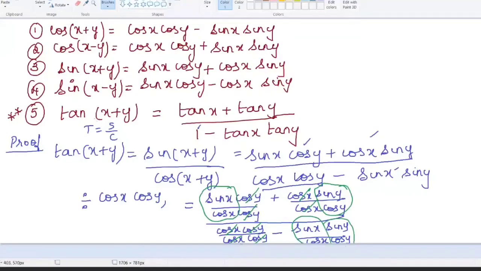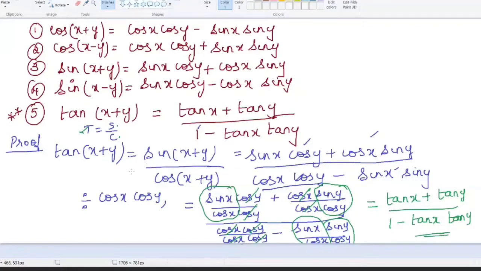But sine by cos means tan, you know. So I reach my answer: tan x plus tan y, whole divided by 1 minus tan x into tan y. This is the formula which I had to prove.